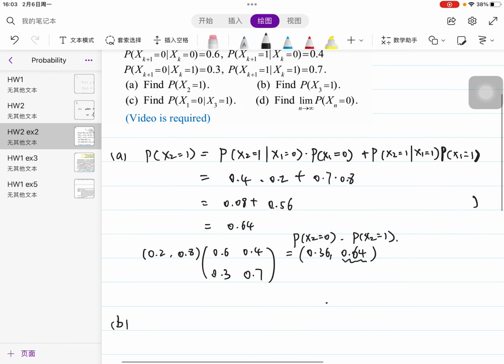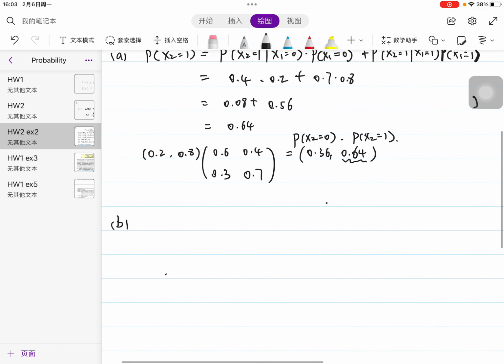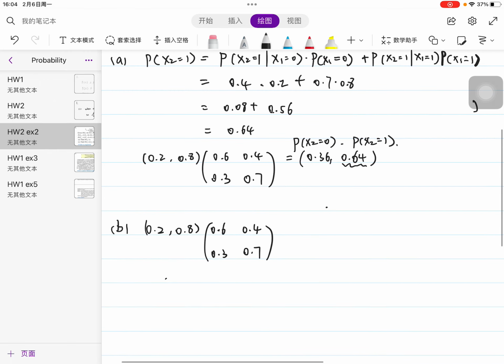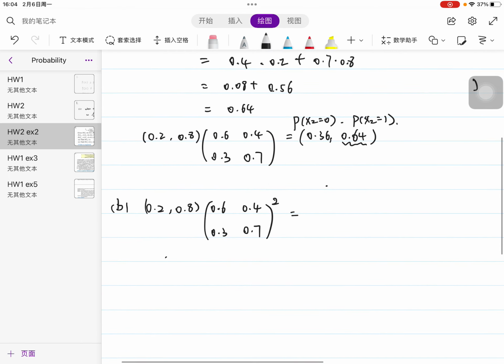For the second question, we want to find the probability of x3. So we could use the transfer matrix to do that as well. When we multiply this transfer matrix just one time, we could get x2, and from x2 to x3 we need to multiply another transfer matrix. So here it is the power of 2, and we could get the answer.